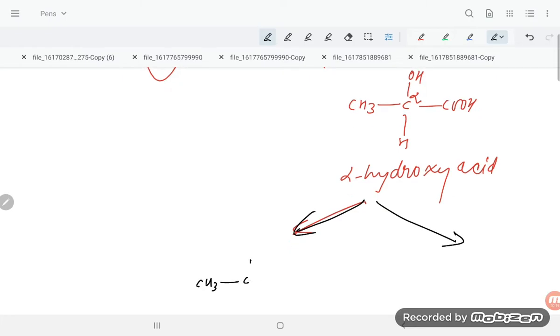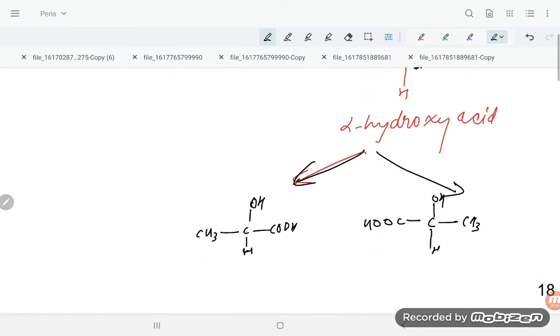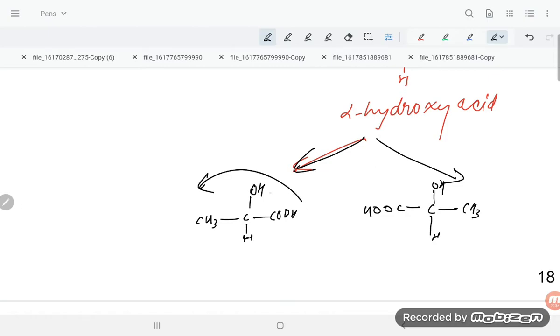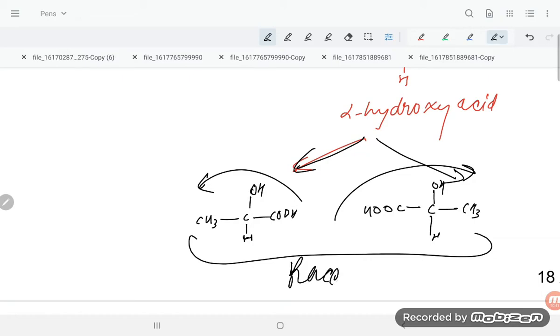So it is CH3C, here is OH, here is C double bond OH, here is hydrogen, and in the other structure the C has OH, CH3 and H. The first one is the chiral carbon, four different groups are there. One will rotate in this direction, the other in that direction. Together this will be the racemic mixture. You have to keep that in mind, students.